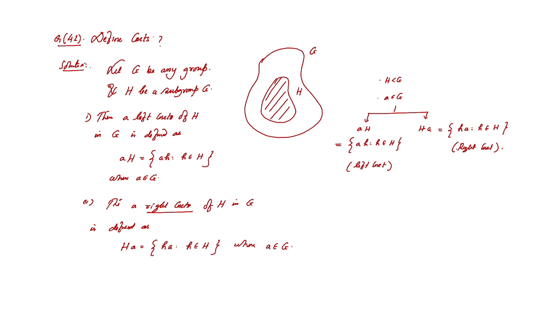Now we'll come to some examples, how to give an example of left coset and right coset. Example 1. Let G be Z under addition. We know the set of all integers with respect to addition forms a group. And we take a subgroup H, which is 3Z.